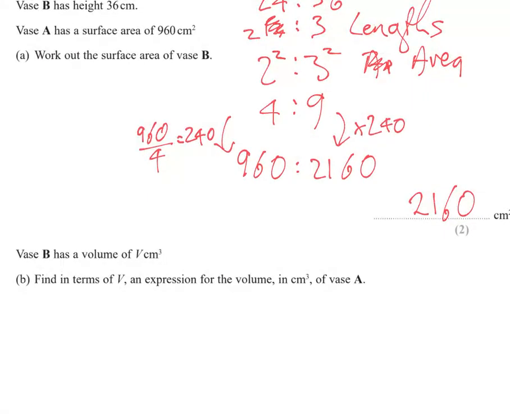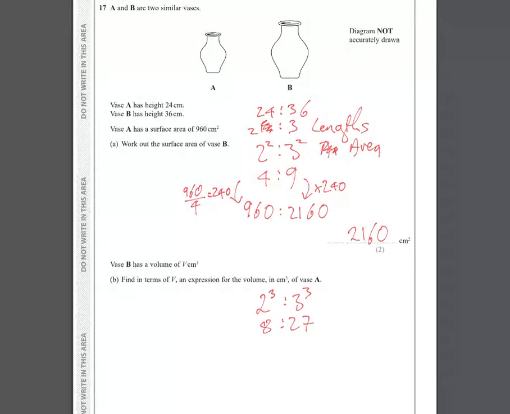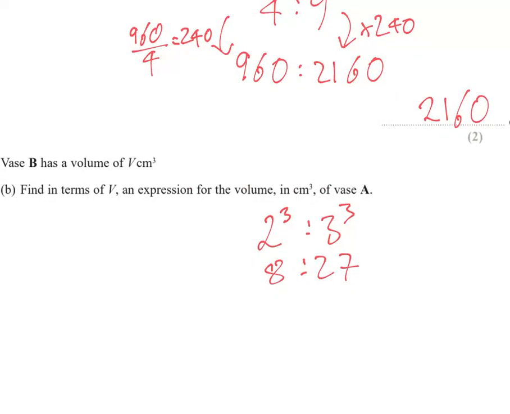Vase B has volume V, and in terms of V, an expression for the volume of vase A. So we've got a ratio now of 2 cubed to 3 cubed, which is a ratio of 8 to 27. So vase B has volume V. So what have we got to times by?